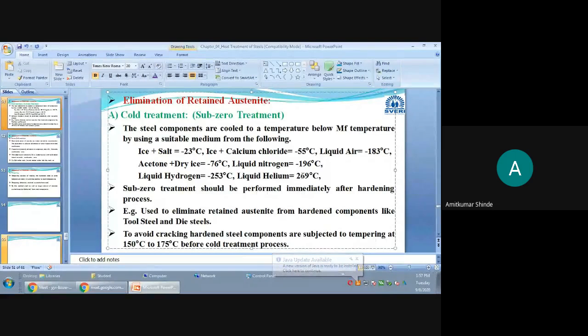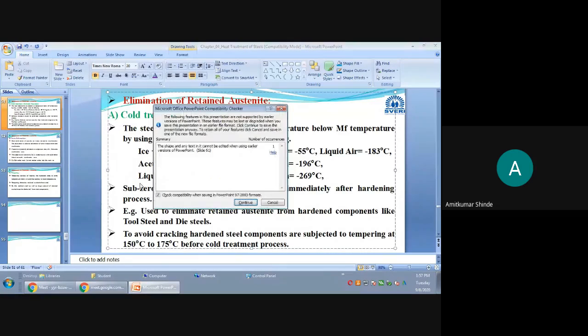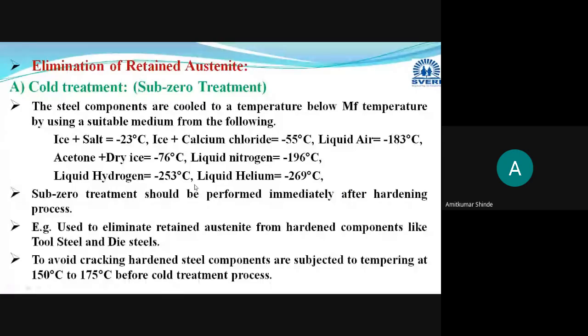These are not positive temperature zones. These are negative temperatures. Please make that correction there. These are my negative temperature zones.